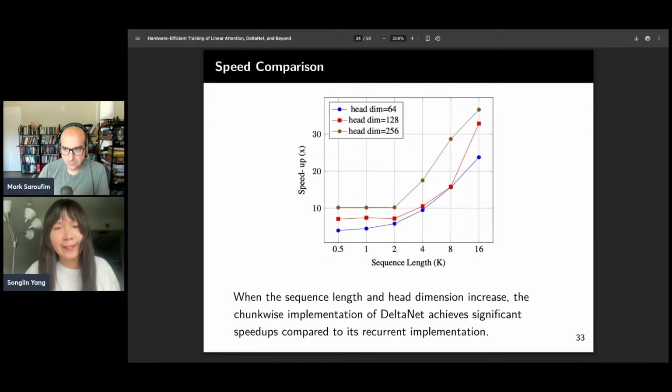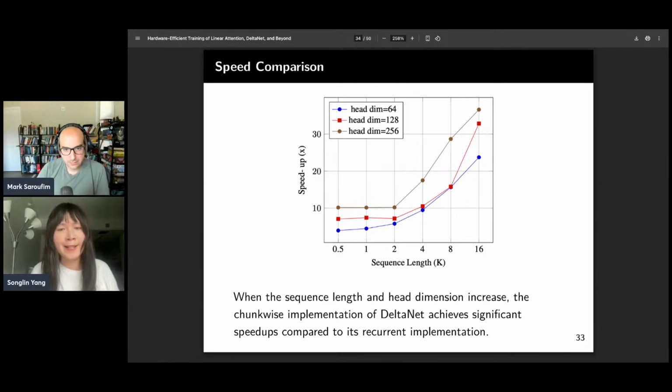This is very similar to the case of FlashAttention 1 and FlashAttention 2. FlashAttention 2 has sequence-level parallelism over the query block, but this is only helpful when the product of the batch size and the number of heads is smaller than the total number of streaming multiprocessors. This is the case if we keep increasing the sequence length, and then the batch size is too small to provide a sufficient amount of parallelism. This is where the recurrent implementation will be much slower.